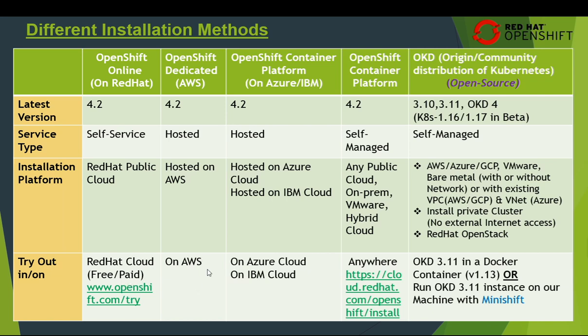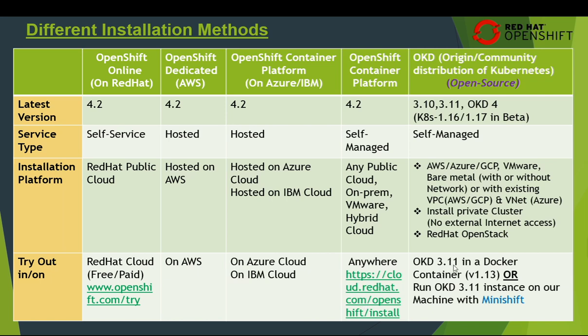Others we can get on AWS or Azure or IBM Cloud. And for OpenShift Container Platform, which we want to install on any public cloud platform or on-prem or VMware or anywhere, we will use this link, and I will show you that page in detail as well.